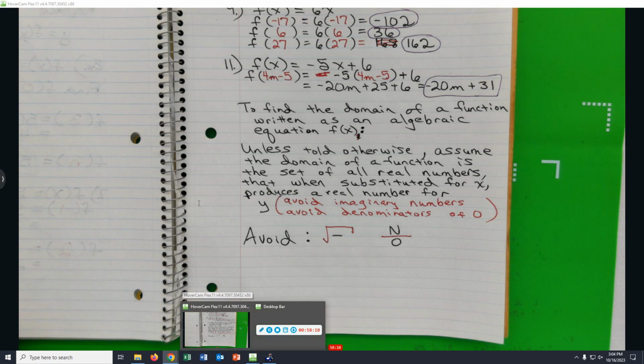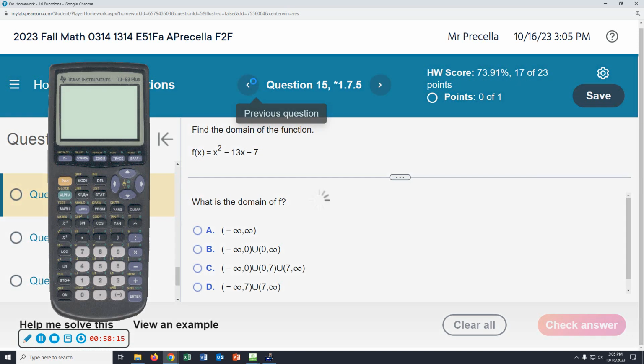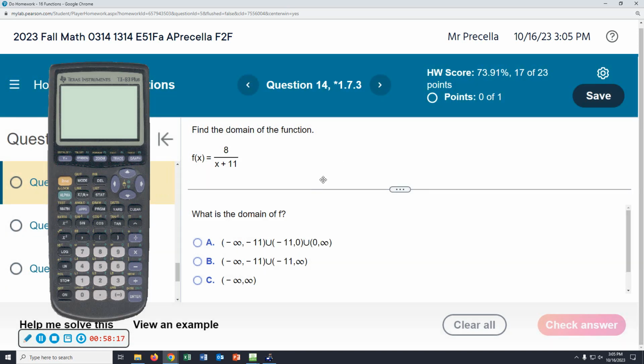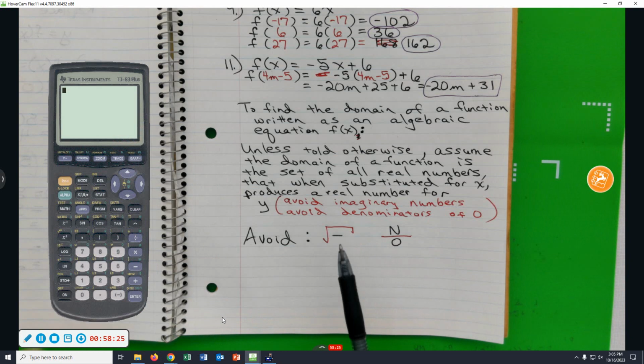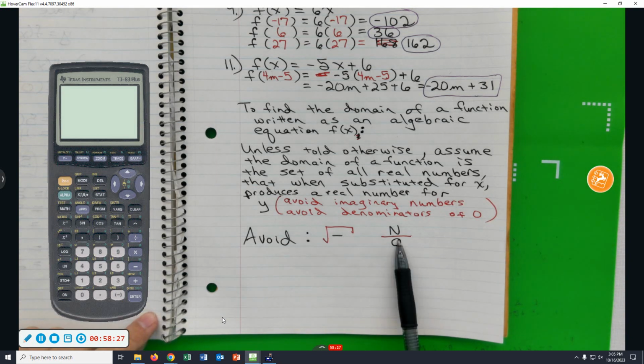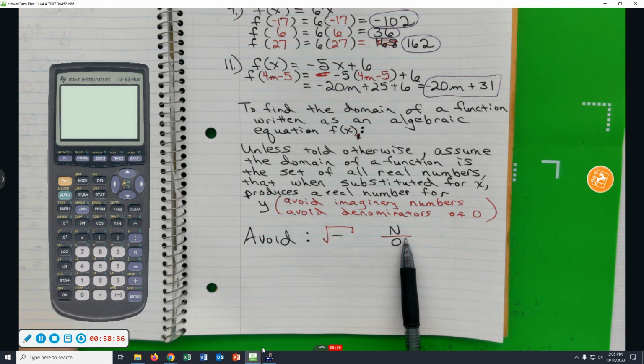In order to get an imaginary number produced, your equation must contain what symbol? Square root. Okay. So, the problems occur when you have square roots appearing and fractions appearing. Well, suppose your function has no square roots appearing and no fractions appearing.